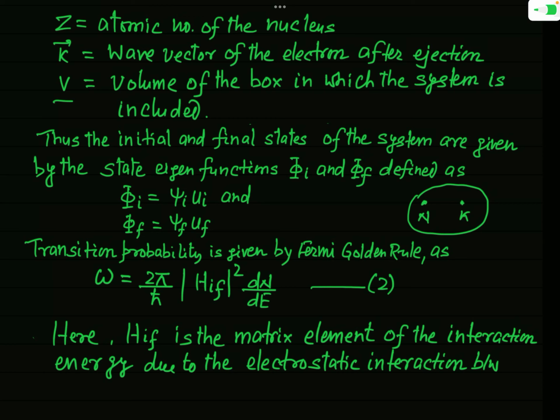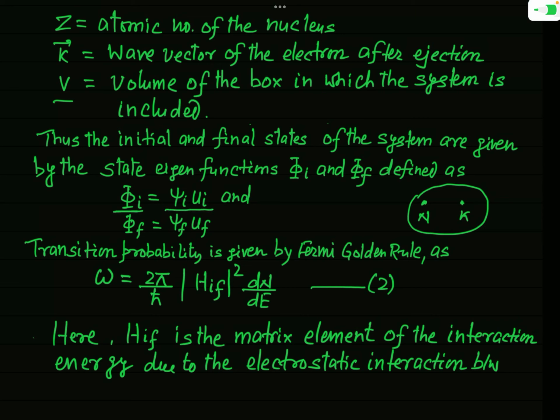So if you want to write the wave function or the eigenfunction or the eigenvector for this state of our system, that is nucleus plus electron present in the K cell, then that state will be defined by the wave function phi I, and that phi I will be simply a product of psi I and ui.